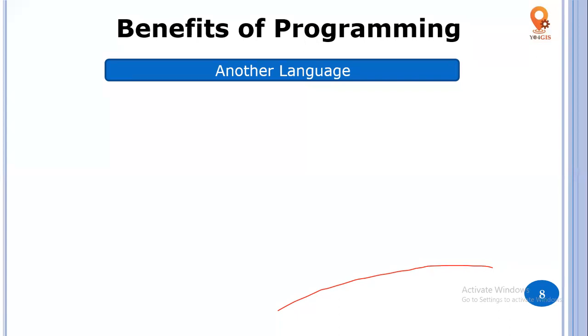Similarly, if you want to work with Python or C++, you have to understand the grammar of that particular language. Once you understand Python, C++ or C, you can easily communicate with the computer. You can write a program, you can run a program, and it will run on the computer.